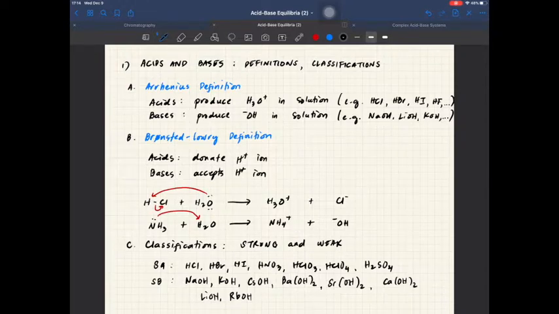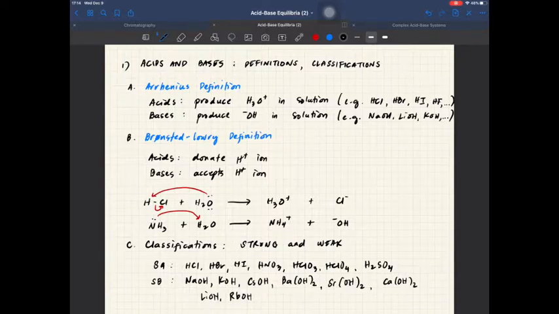And examples of those are hydrochloric acid, hydrobromic acid, hydroiodic acid, hydrofluoric acid, so as long as there is ionizable hydrogen. And bases, on the other hand, are compounds that produce hydroxides in solution. So examples of those are hydroxide salts such as sodium hydroxide, lithium hydroxide, and potassium hydroxide.